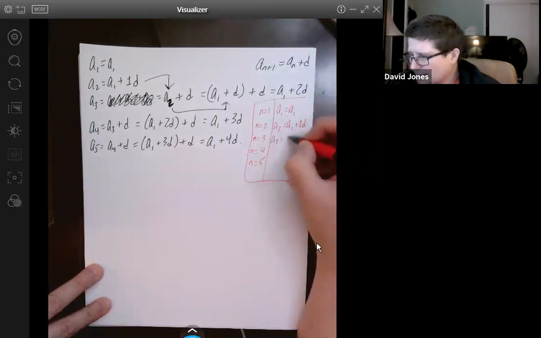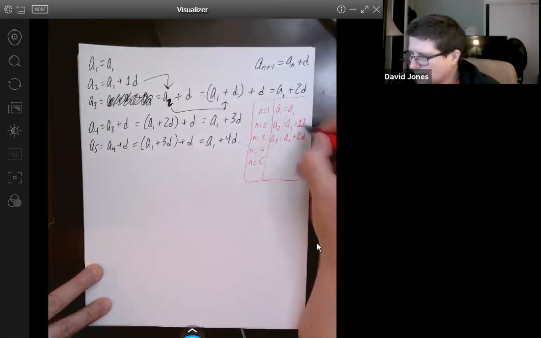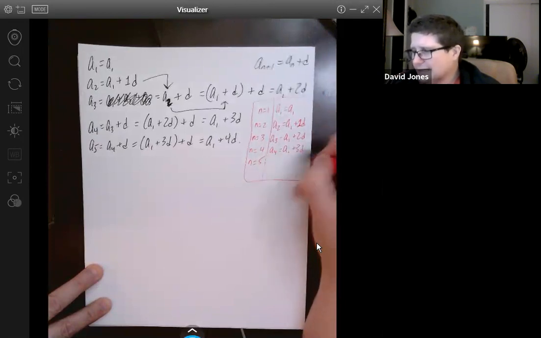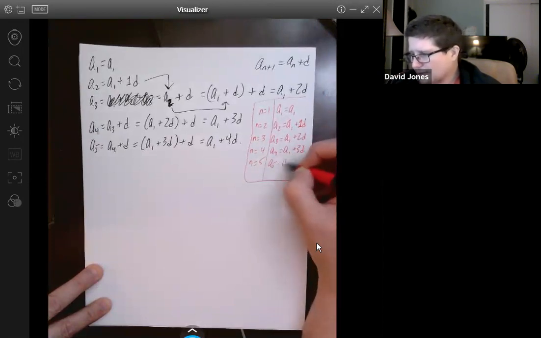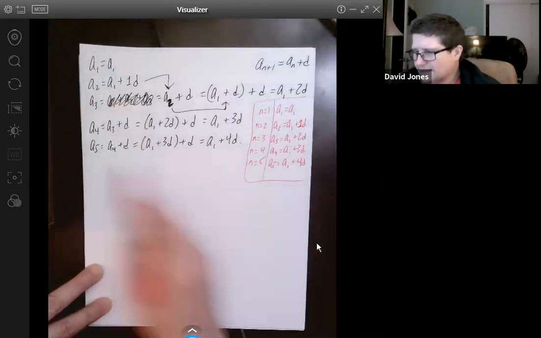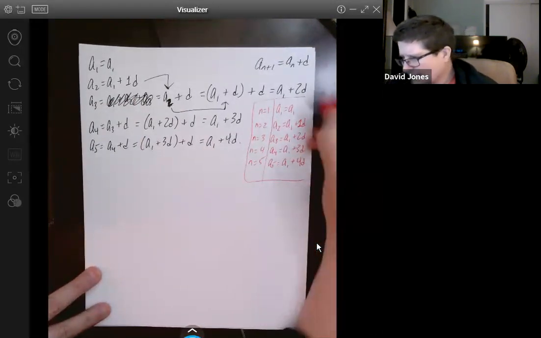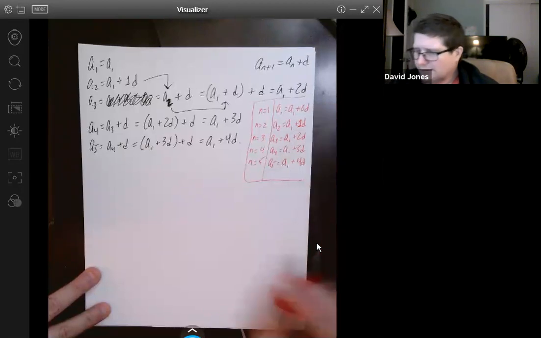A sub 3 equals a sub 1 plus 2d. A sub 4 equals a sub 1 plus 3d. A sub 5 equals a sub 1 plus 4d. Just taking this information I had here and making a little table. And if I say I'm adding nothing to it, I could say plus 0d.